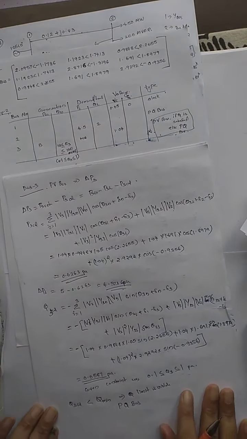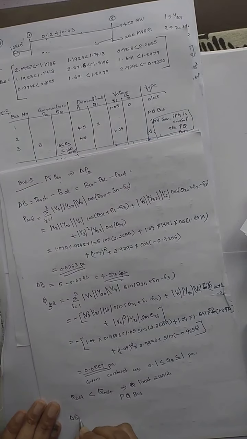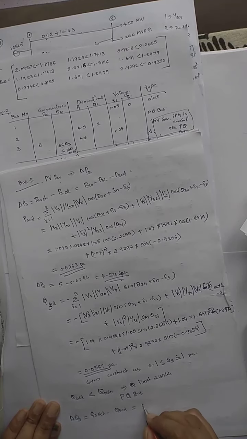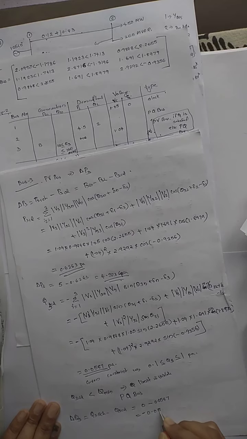So in order to handle a PQ bus, delta Q3 also should be calculated, that is Q3 scheduled minus Q3 calculated. Nothing was scheduled as it was a PV bus, so 0 minus 0.0587. So delta Q3 value is equal to minus 0.0587 per unit.